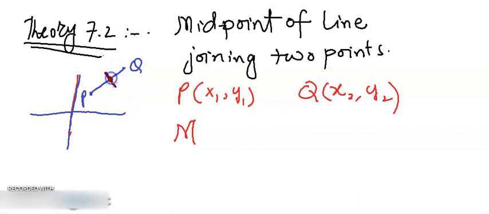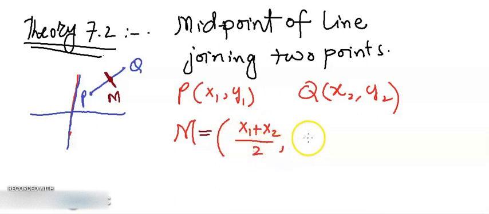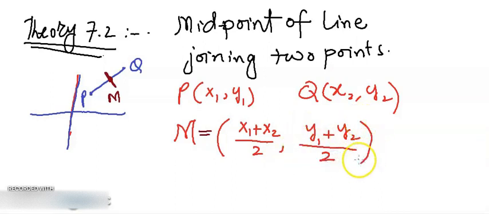So this is my point M. And how do I calculate this point M? It is very simple. The formula is given by the average of the coordinates: x1 plus x2 divided by 2 and y1 plus y2 divided by 2. One can also write x2 plus x1 divided by 2 and y2 plus y1 divided by 2.